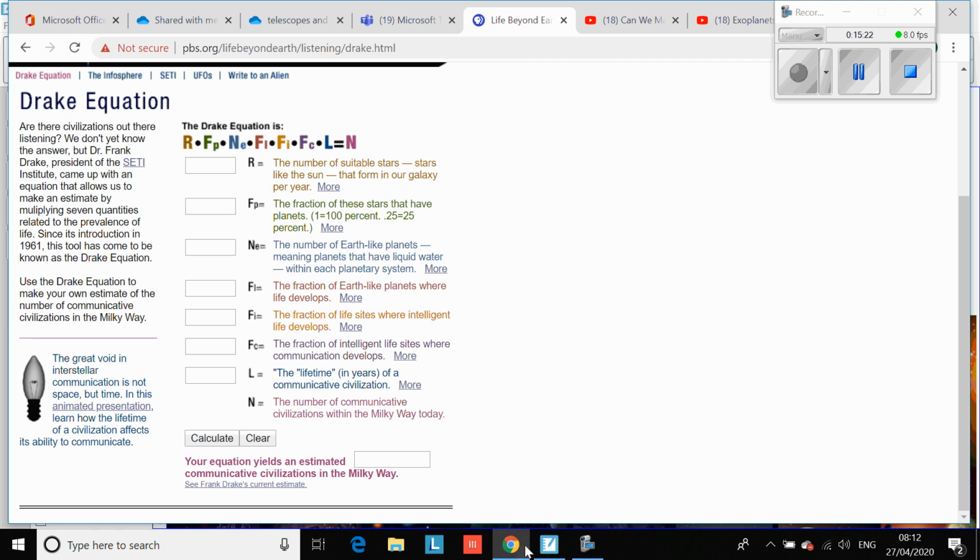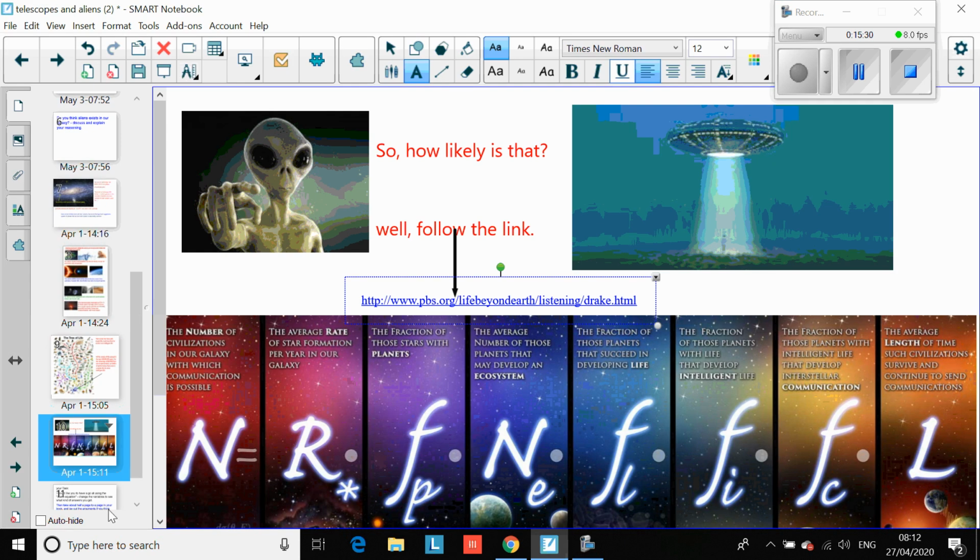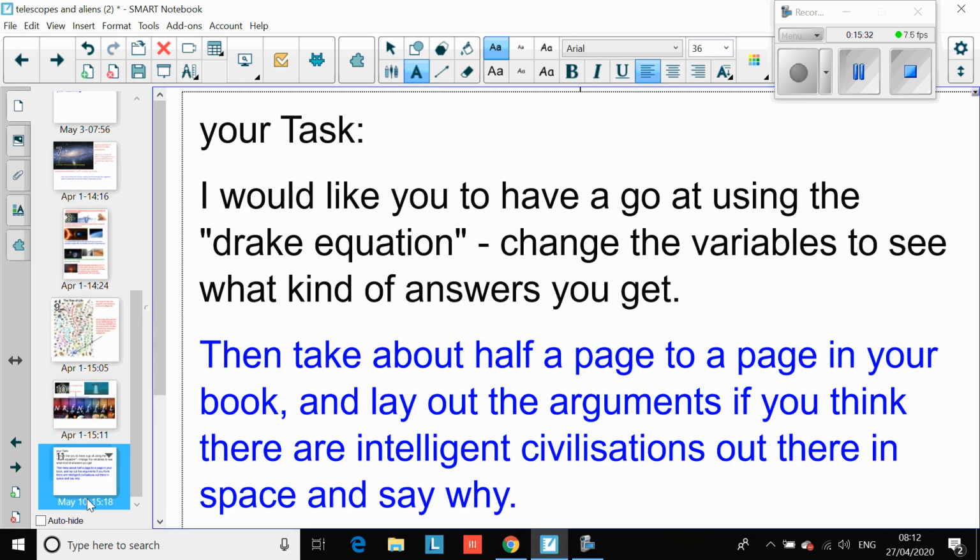So your final task is this. Once you've had a bit of a play with the Drake equation, you can put your numbers in. Have a go at using the Drake equation, change the variables, see what kind of answers you get. Then take about half a page to a page in your book and lay out the arguments.